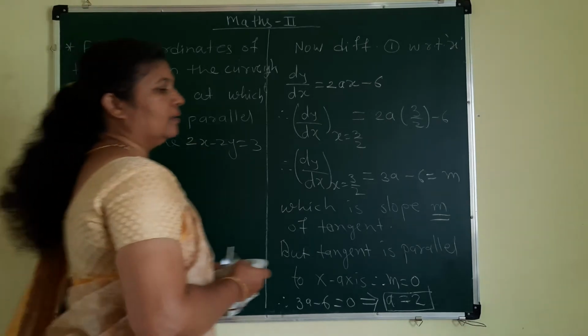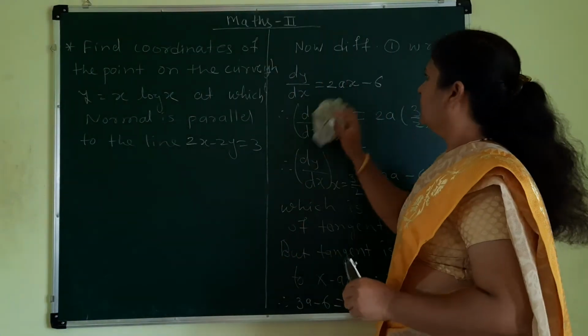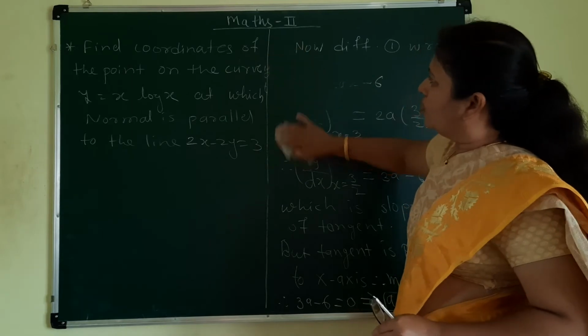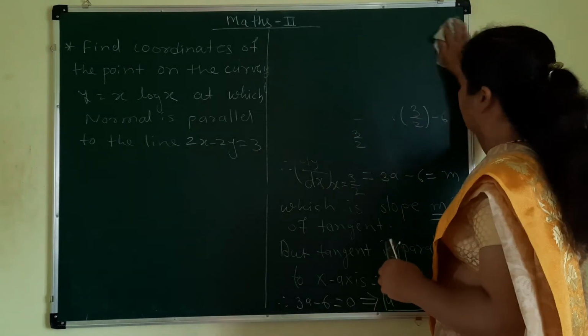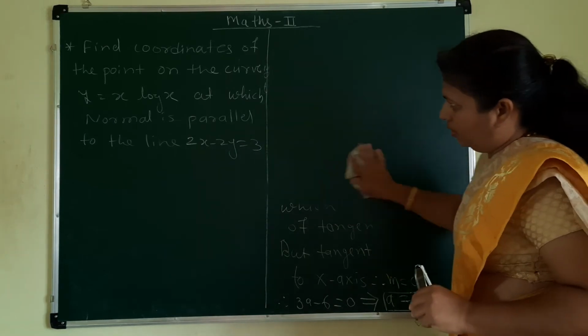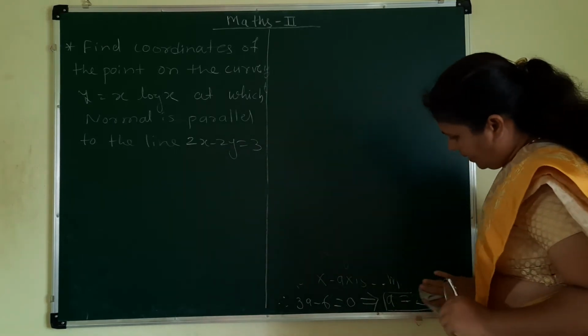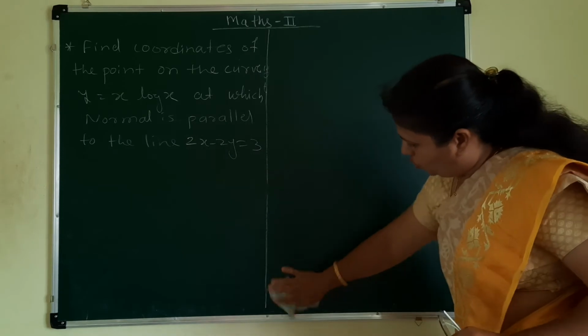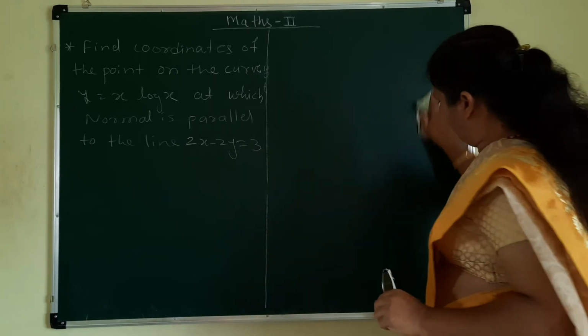We have to find coordinates of the point on this curve y is equal to x log x, at which the normal is parallel to the line 2x minus 2y is equal to 3.